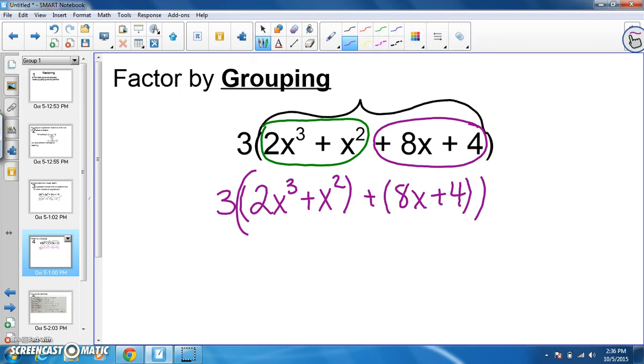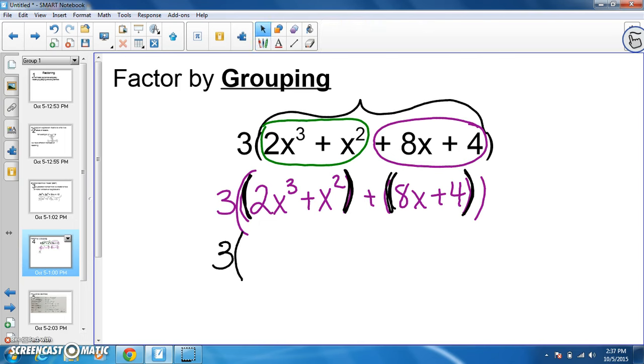So if we look at our individual groups here, we see that they have a common factor between those two terms. So we're going to take out that common factor. So 3 times the common factor between 2x cubed and x squared is an x squared.